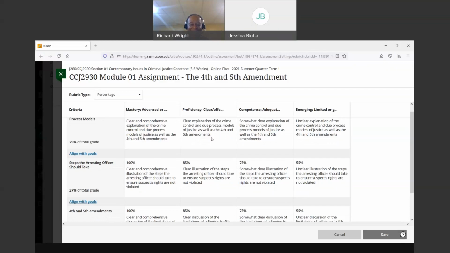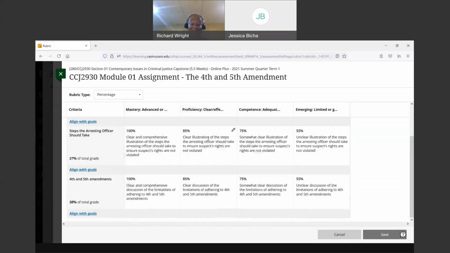So like I said again, the way it's supposed to be is A, B, C, D, and F. But the way that I explain it to my students is A, B, C, D, and F. That's the way I explain it.